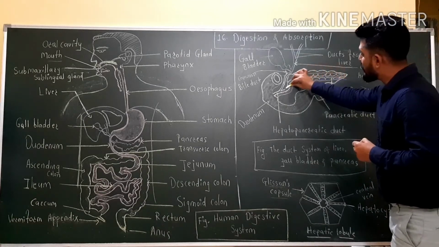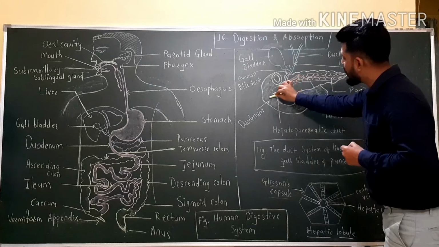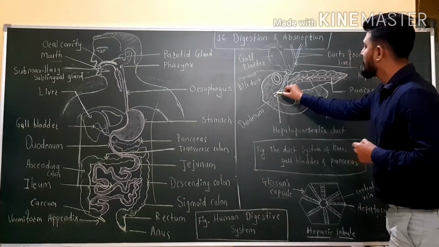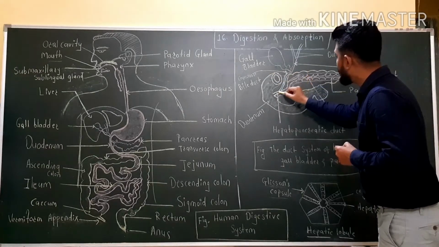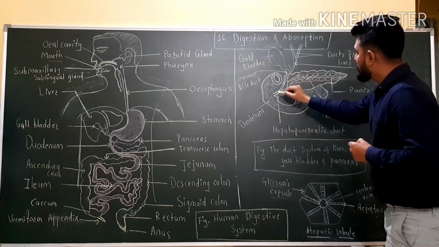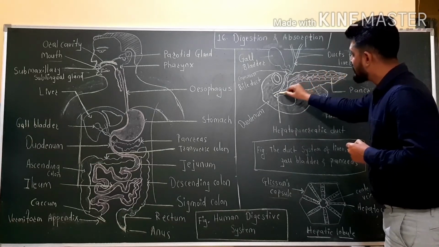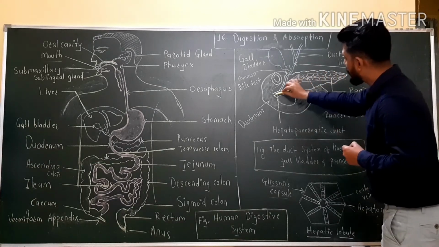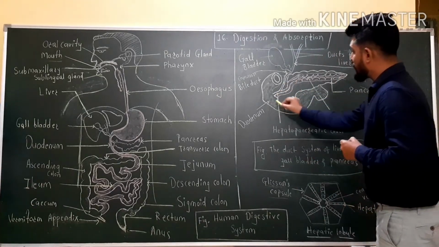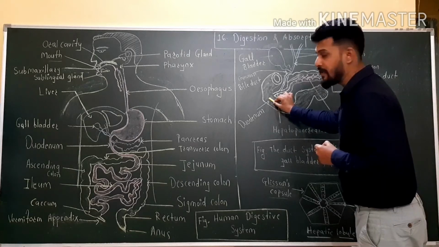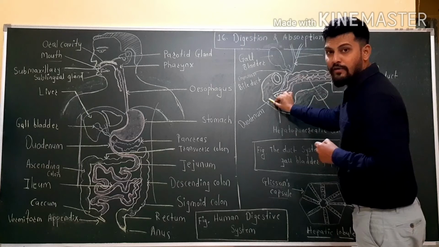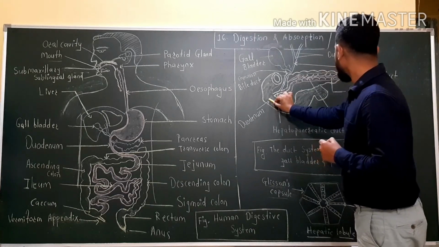This alkaline pancreatic juice is released inside the duodenum through the common hepatopancreatic duct that is formed by the common bile duct. So the common bile duct releases the bile juice and the pancreatic duct releases the pancreatic juice. Both of these secretions are released inside the duodenum, due to which the food becomes alkaline, and the enzymes in the pancreatic juice also get activated due to the alkaline pH.